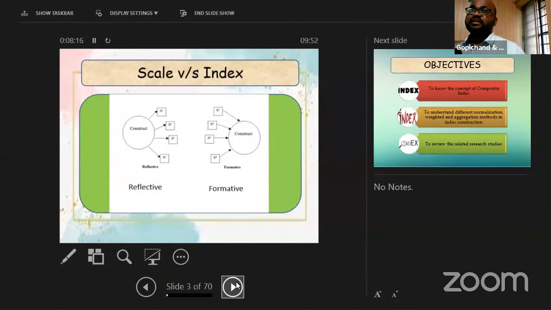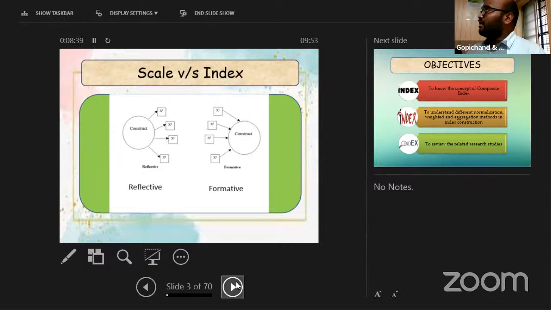We generally confuse between the scale and index many times. Seeing this diagram, we have two components, reflective and formative components. Actually, here we have to understand the construct first to understand this diagram.